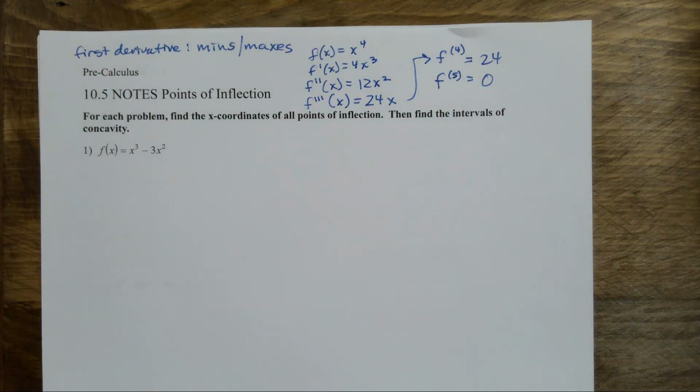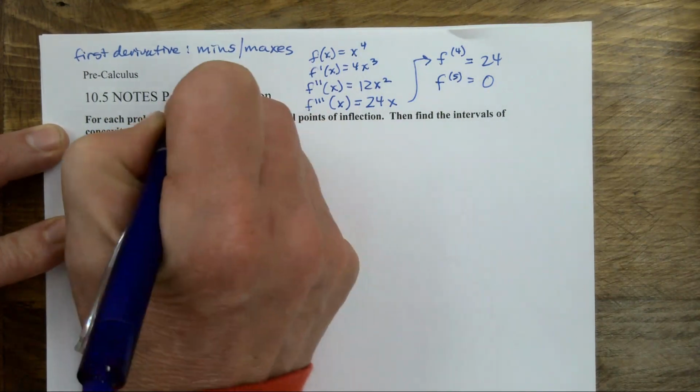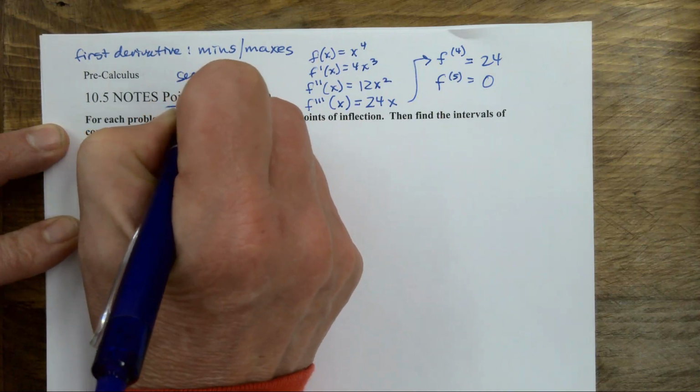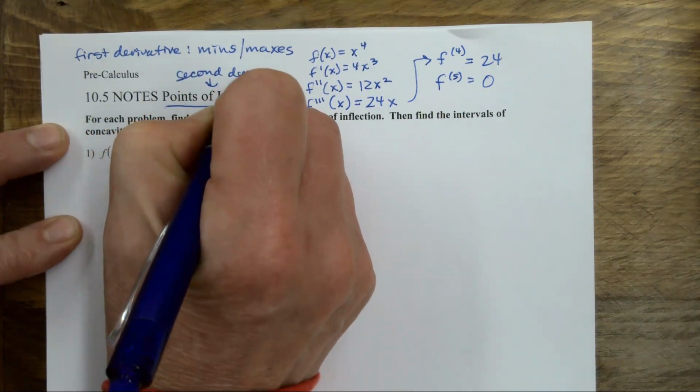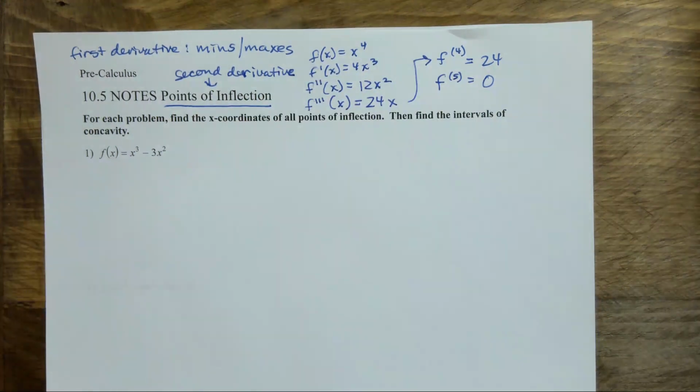My second derivative tells me points of inflection. And a point of inflection is simply where a graph changes concavity. So a point of inflection.